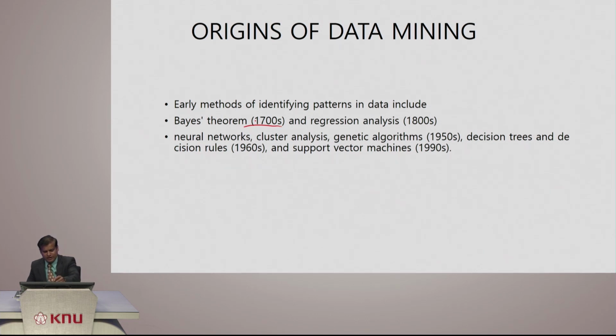Then came regression analysis around the 1800s. Then we had neural network analysis, clustering analysis, genetic algorithms, decision trees, decision rules, support vector machines, and a lot of other algorithms that have been developed which support data mining in some way or other.